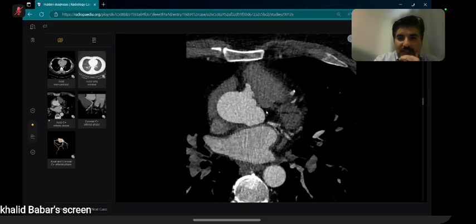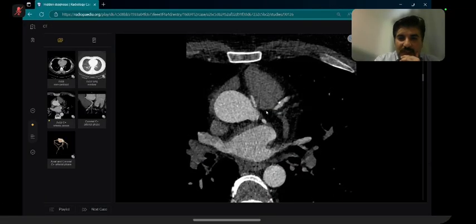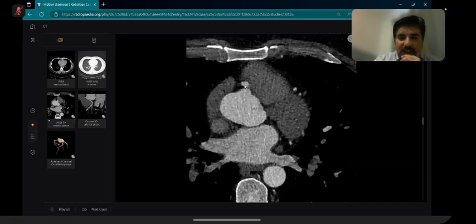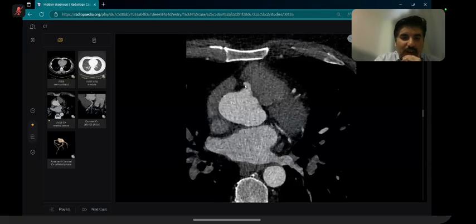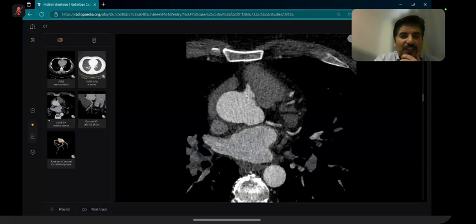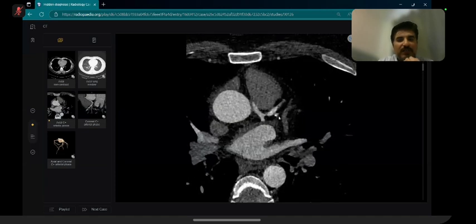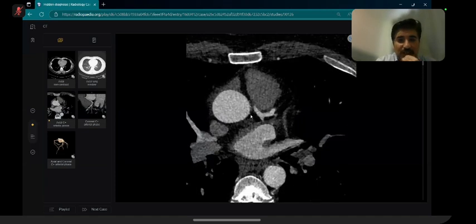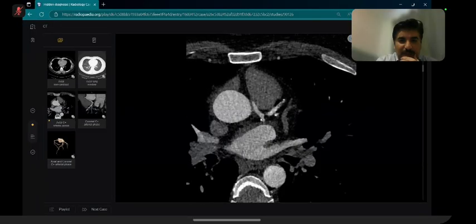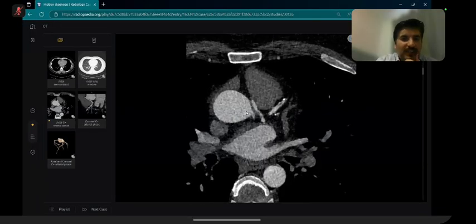So, just to recap, this is the right coronary artery, which is arising at the 12 o'clock position from the right coronary cusp, while the left coronary arteries, which usually arise at the 4 to 5 o'clock position, as you can see here, are coming in close but not joining the coronary cusp.